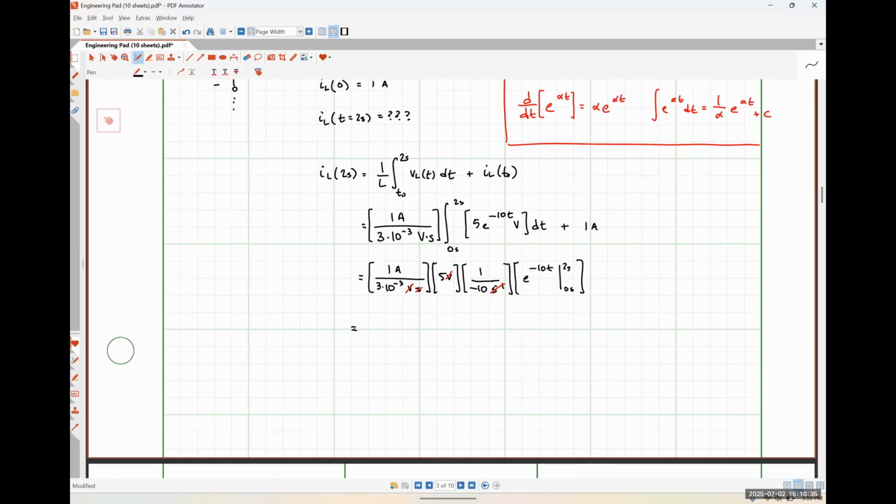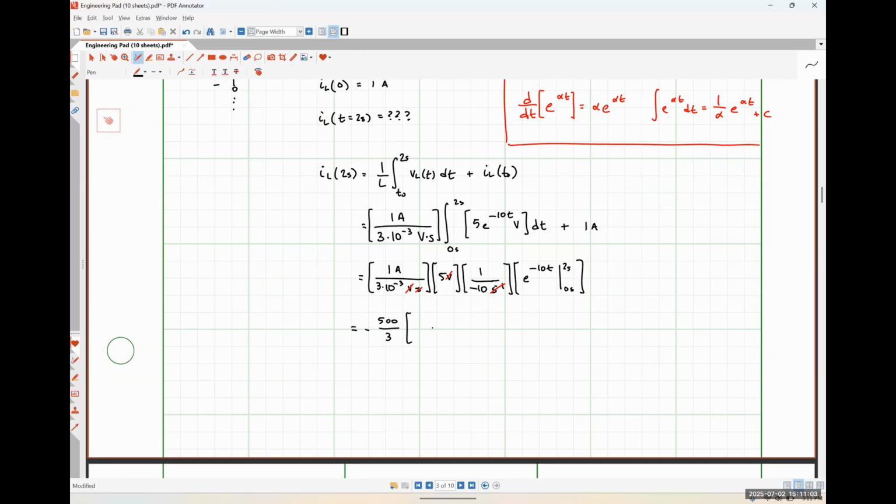Let's play around with this a little bit. In my numerator I have 1 times 5, and in my denominator I have 3 times 10 to the minus 3 times a factor of negative 10. So this is going to look like negative 500 over 3.